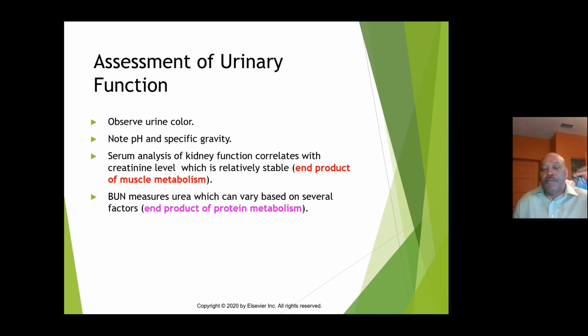If you're seeing a number of 125, that means that you're excreting that waste at a normal rate. But of course, as that rate decreases, say you get down to 30 milliliters per minute, it just means that you're not excreting the waste products as well. And of course, it is building up within your system, which is not a good thing. And so that's how we look at some of our CKD, or chronic kidney disease, patients.